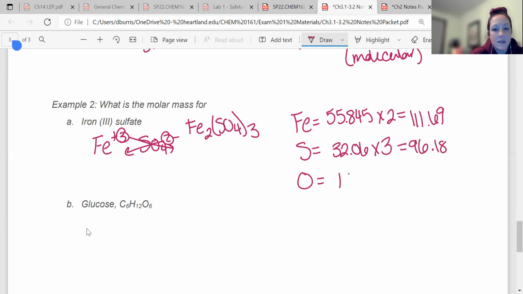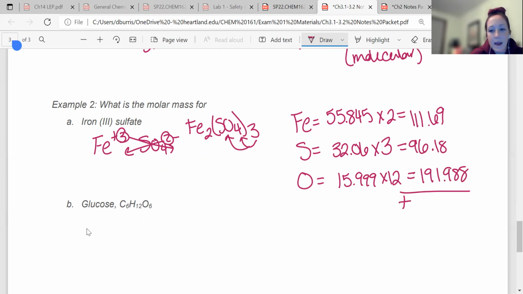And oxygen is 15.999. And I actually have 12 of them. Remember, if there's parentheses, this is going to distribute. So I have 3 sulfurs and I have 12 oxygens. So that's 191.988. And you add them all together, and my final formula weight is 399.859 atomic mass units, right?